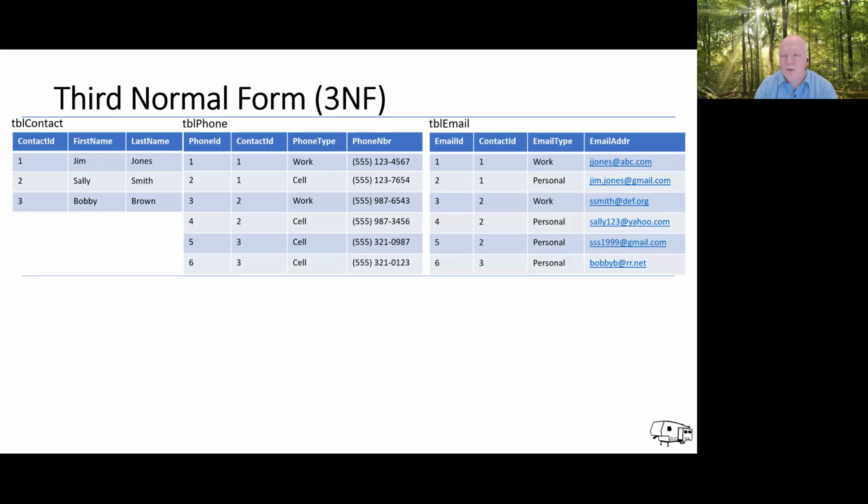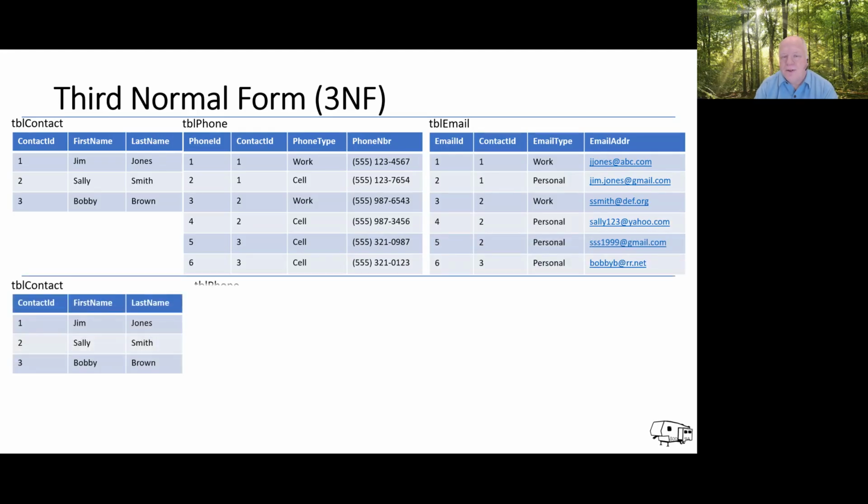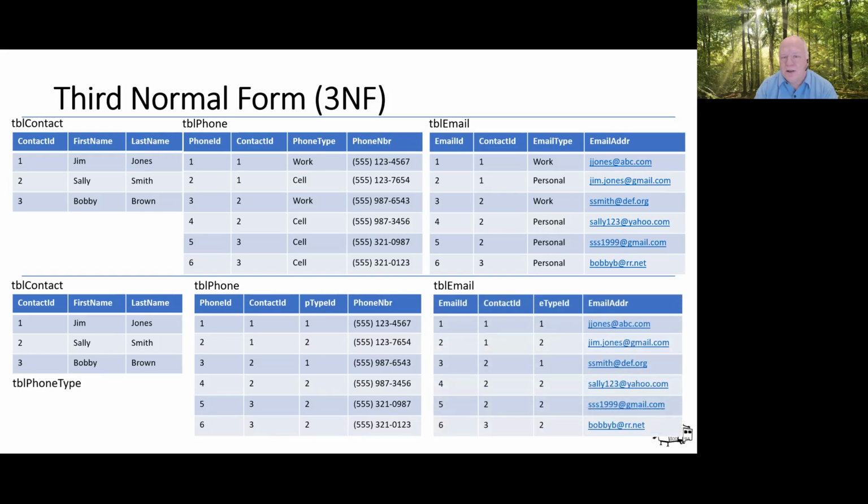So for example, in third normal form, as we started from the second form, we're going to bring down our contact table, and notice that in our phone table, instead of referencing the phone type by a name, we put that to a separate table with an identifier.